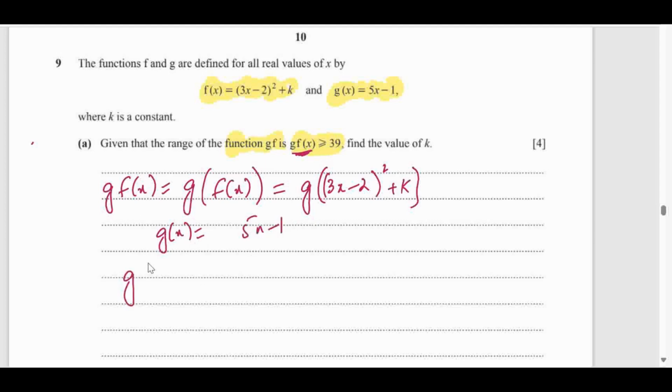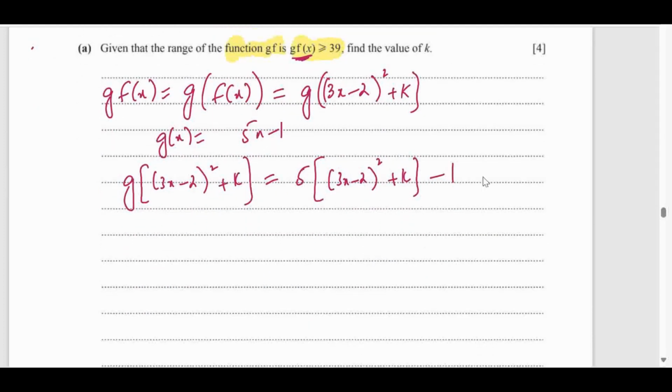So g of (3x minus 2) whole square plus k will be equal to 5 into (3x minus 2) whole square plus k, minus 1, and we know that this thing is greater than or equal to 39. Now we need to simplify it.